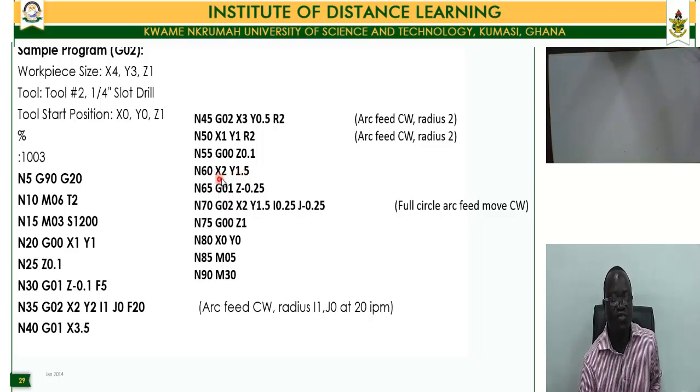So it's doing a full circle arc feed move in the clockwise direction, because the x coordinate here is 2, and it's the same 2 here. The y is 1.5 and it's the same 1.5 here. It means that you give the J02 command to come back to the full circle, that is, come back to that position.